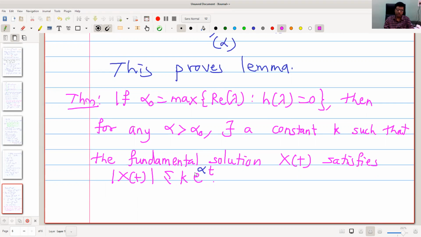Here the bound is in terms of alpha, where alpha is greater than alpha 0, that is the maximum of the real part of lambda such that h of lambda equals 0. Okay, let us prove this result.